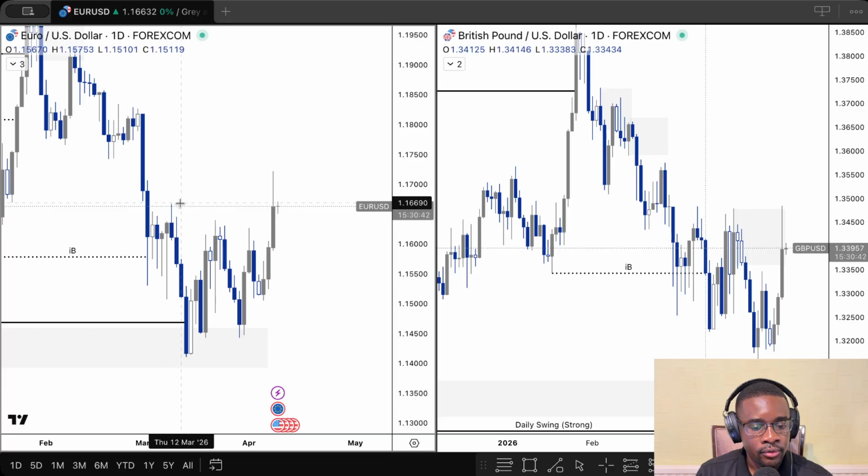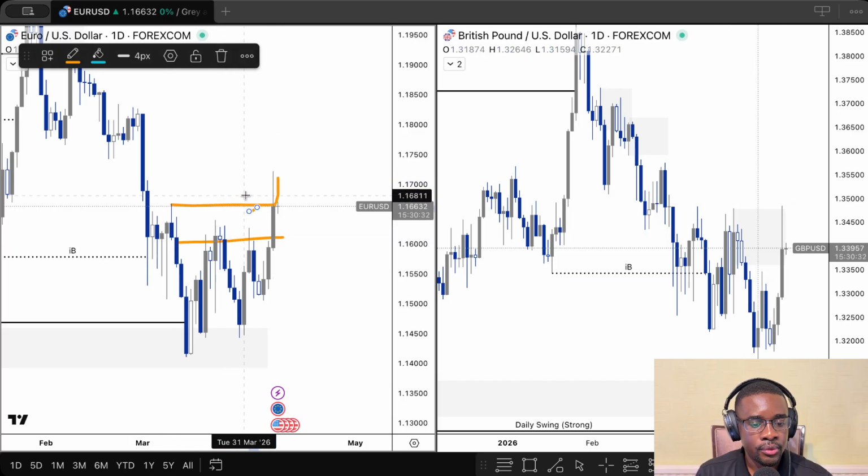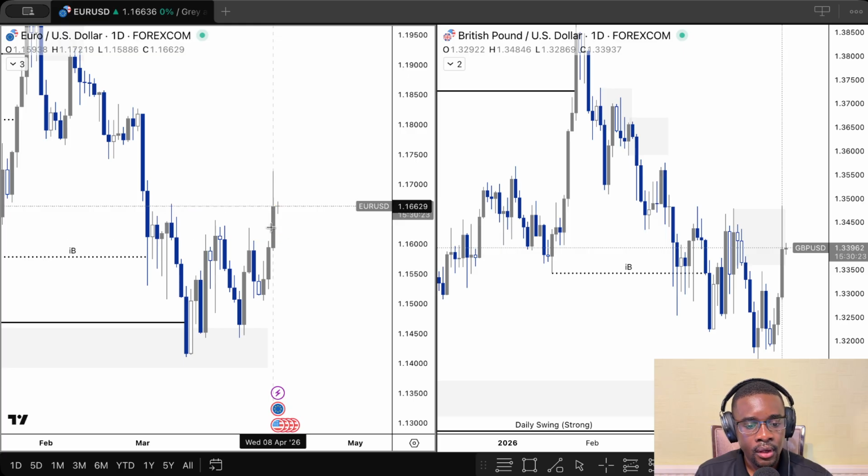So what we have is we eliminated the area of supply that was here. Price pushed through and took out all the sellers that were in this area, and now this is what we have.